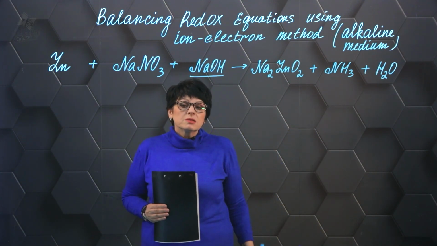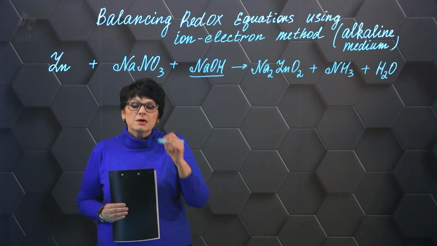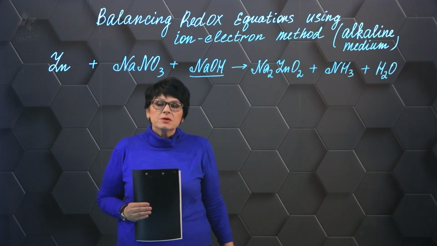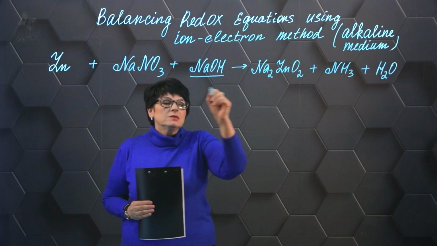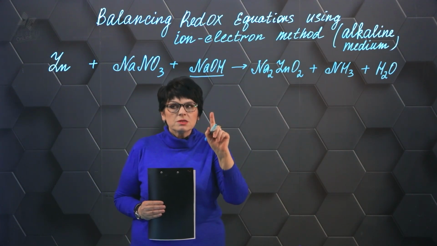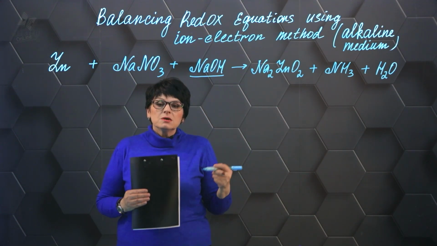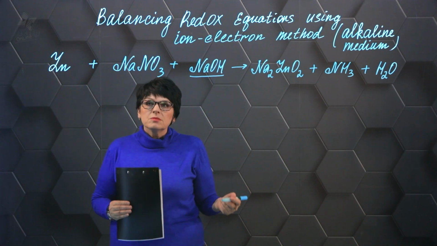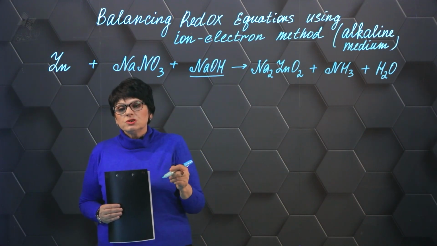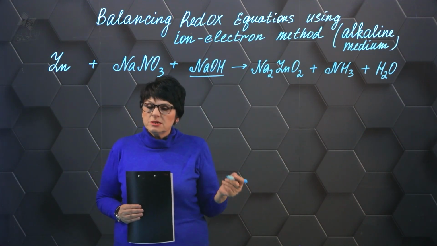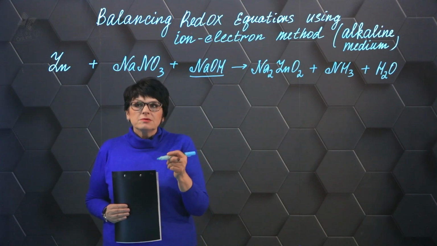Recall that the electron-ion balance method is broken down into steps. Step 1. We need to make an equation in ionic molecular form for a given chemical reaction that has not been equated. To do this, we take into account which substances are strong electrolytes.